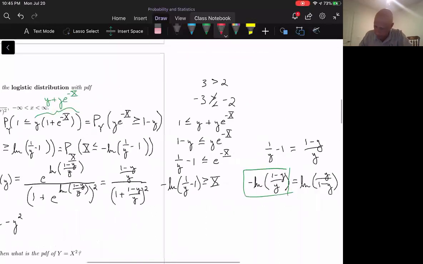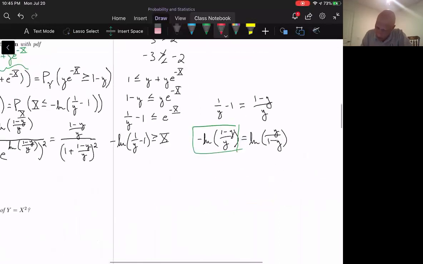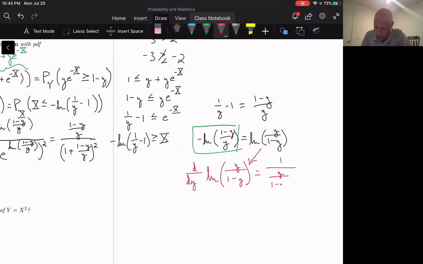And so the derivative of this term, so dy of the natural log of y over 1 minus y is going to be 1 over y over 1 minus y times the derivative of the inside.